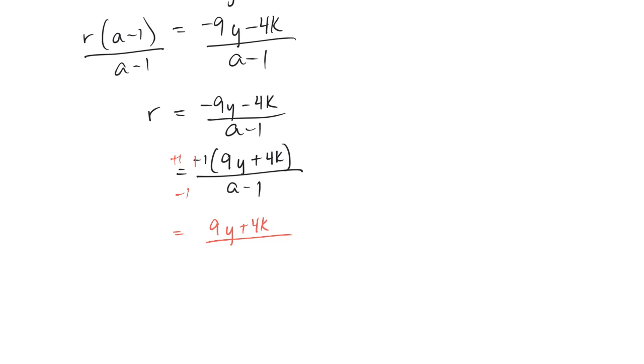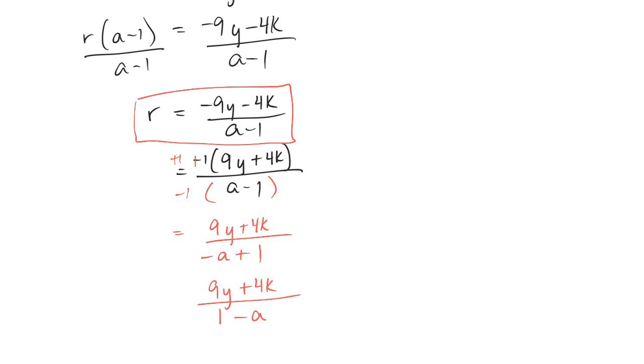On the bottom, I'd get negative 1 times a is negative a, negative 1 times negative 1 is a positive 1, which I guess sometimes they write things with a positive thing first. So you could write it like that. This is probably where I'd leave the answer, but you could rewrite it as one of these two down here.